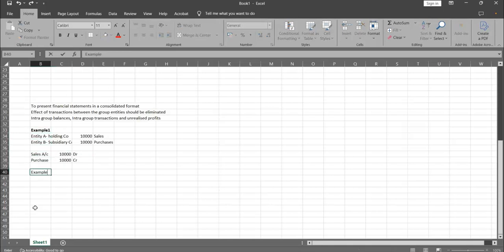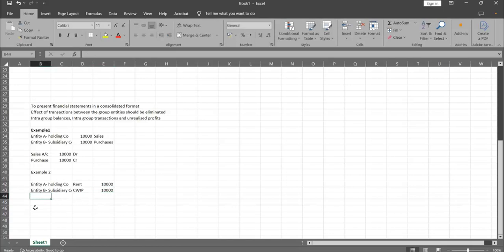Now take another example, example 2. Same concept: entity A is the holding company, entity B is the subsidiary company. Entity A has charged a rent of 10,000 to entity B, and since entity B is an under-construction entity, it has capitalized that rent in CWIP for 10,000 rupees.